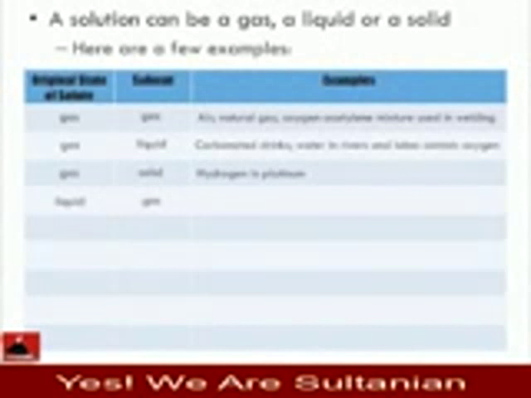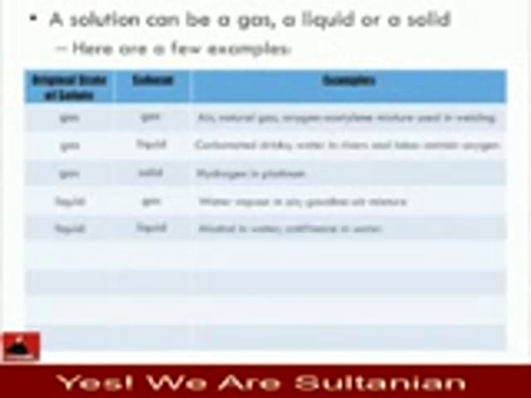We have liquid that can be dissolved in a gas. So we have water vapor in the air, so when temperature increases, the water that evaporates can turn into a gas form and actually dissolve in the atmosphere. Gasoline-air mixture, another example. We have liquid dissolving in another liquid, alcohol in water, antifreeze in water.